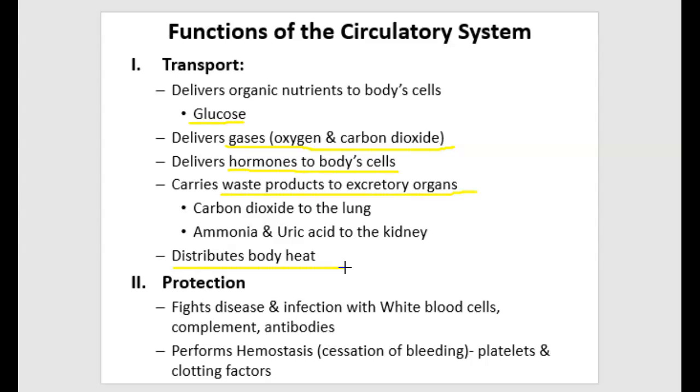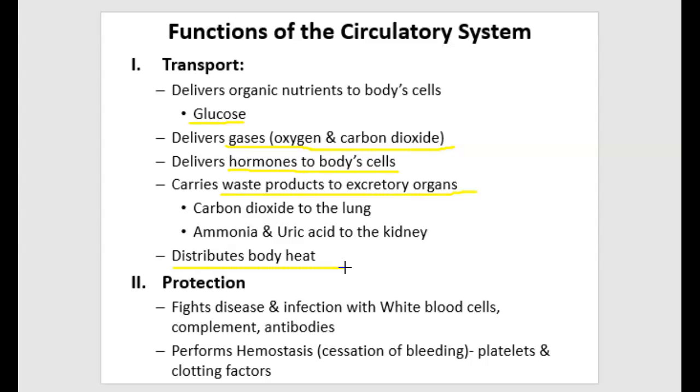So transport's pretty straightforward, but how does the circulatory system provide any protection? Well, in blood, we have white blood cells, and these white blood cells help fight infection or invading organisms. And there are also some components of the plasma, complement and clotting factors and antibodies, that help with the cessation of bleeding.